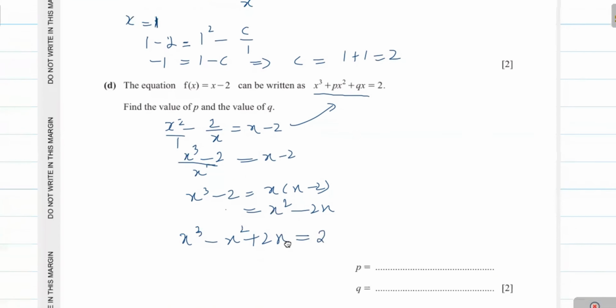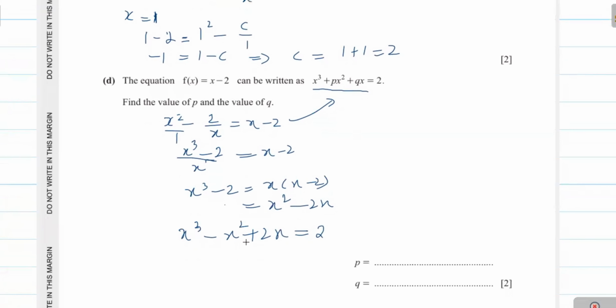When we compare this equation, we compare the coefficient of x square. Here the coefficient of x square is p, and here the coefficient of x square is minus 1. Next, the coefficient of x is q, and in the other equation the coefficient of x is 2.